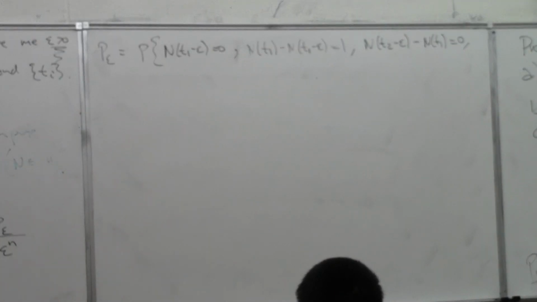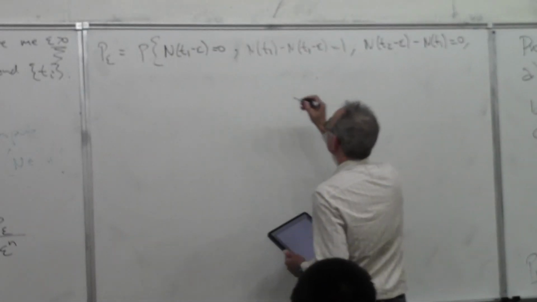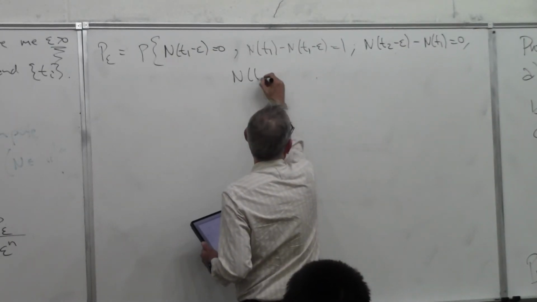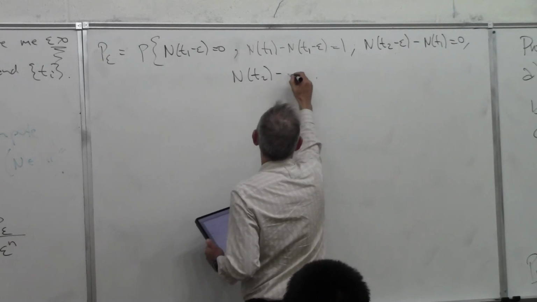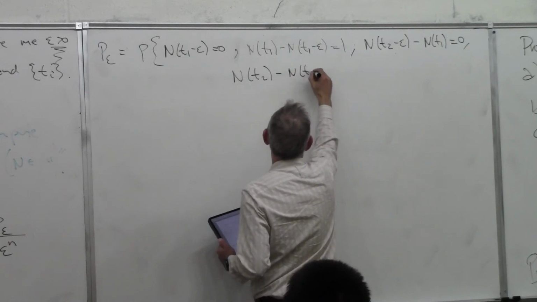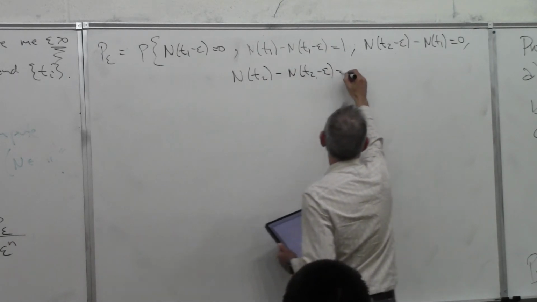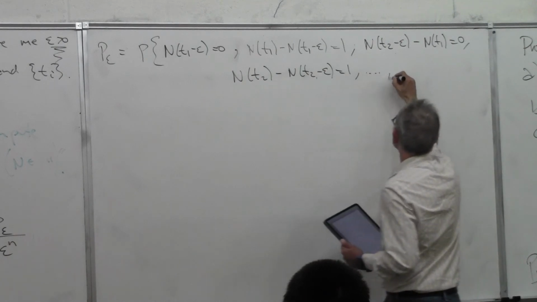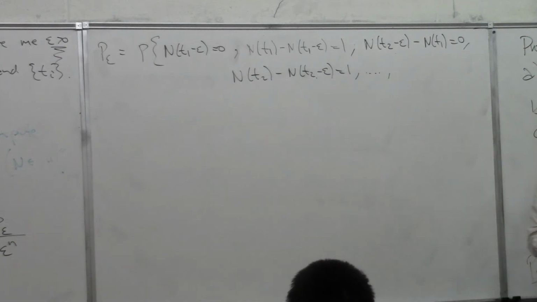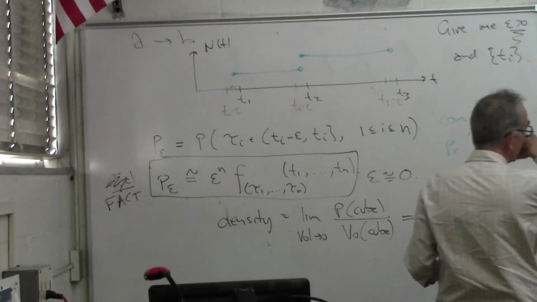And then we have to say there was one jump at time t2. We're going to be able to work this out. And then we go off to the end.